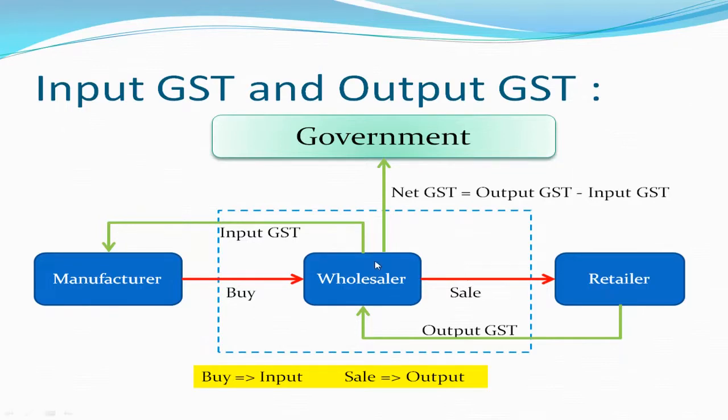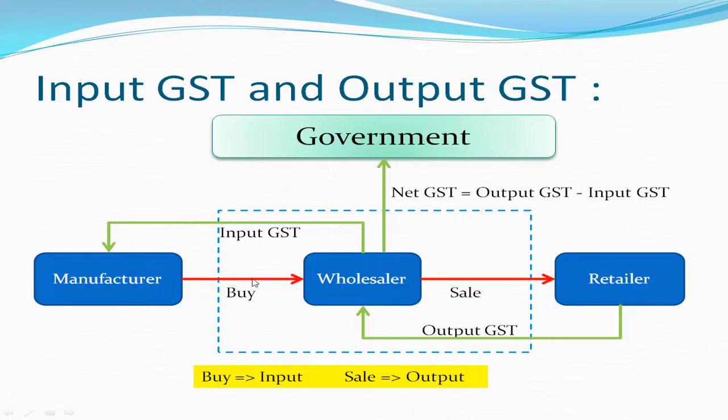So now wholesaler is a buyer for manufacturer because it buys product, right? And wholesaler is a seller for retailer because it sells the product to the retailer, right? So buy means input and sell is output, right?